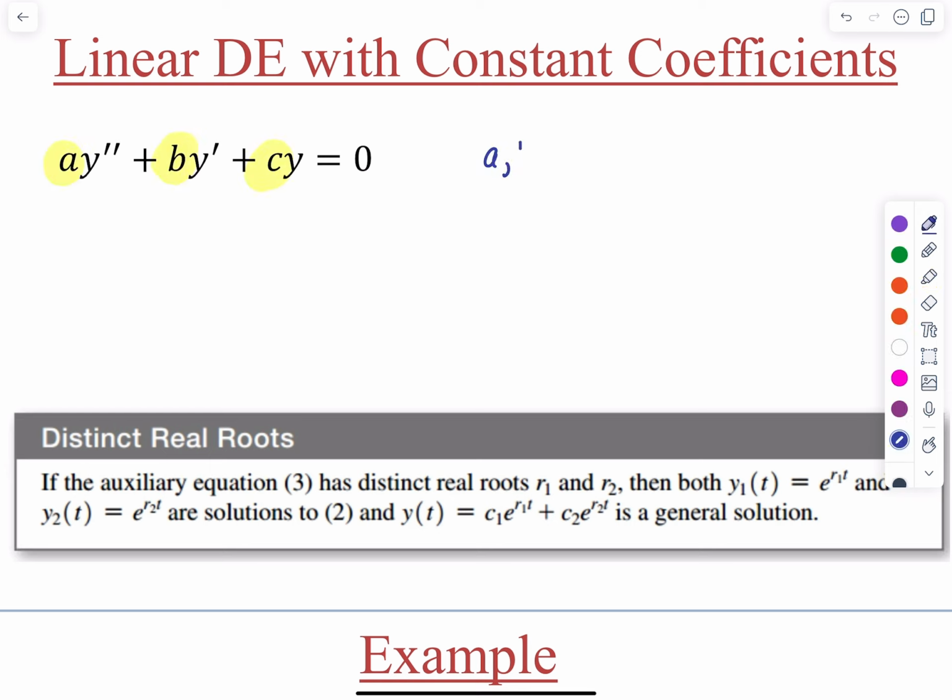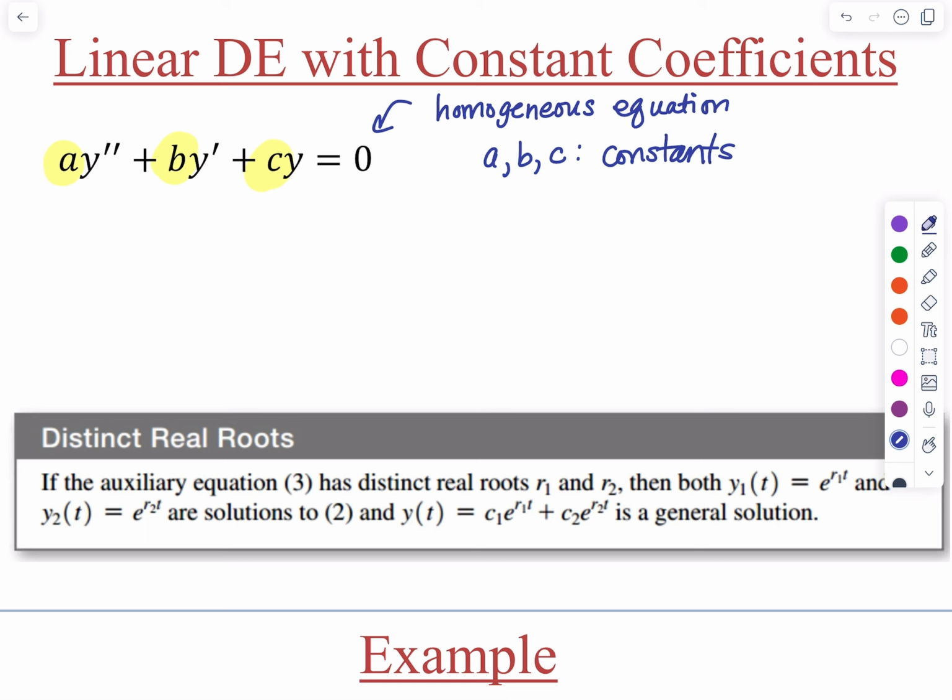A, B, and C are constants, and we also have a homogeneous equation. And we do have a second order DE.